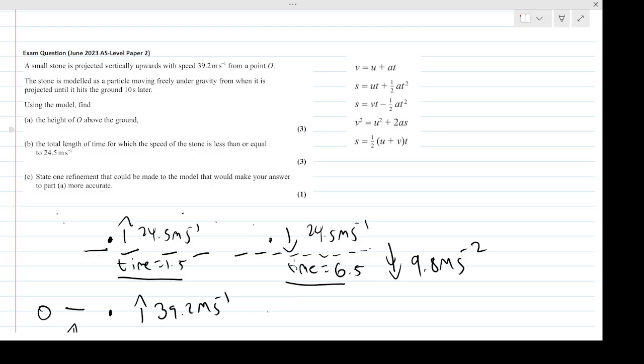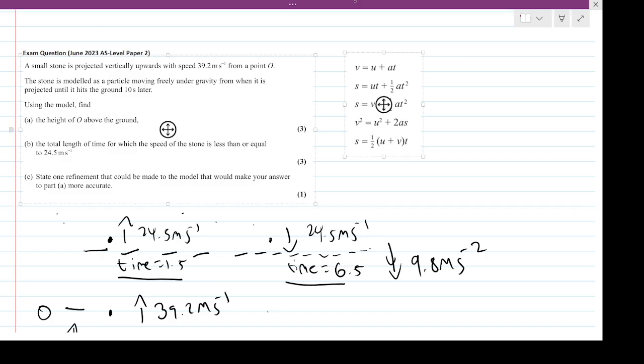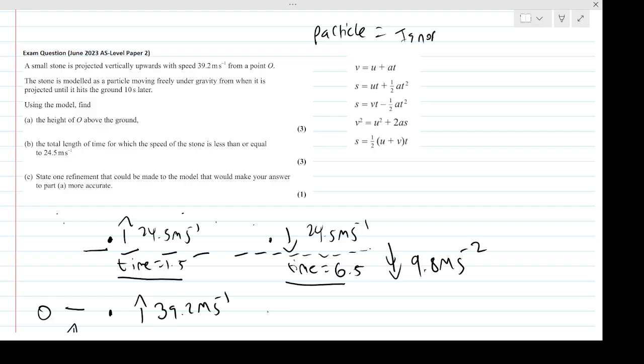First of all, if you remember when we looked at modelling assumptions, we looked at a particle being negligible. We ignore essentially air resistance and also rotational forces.